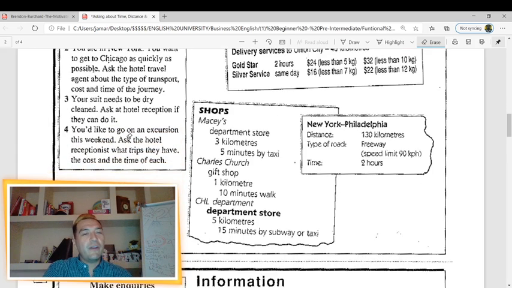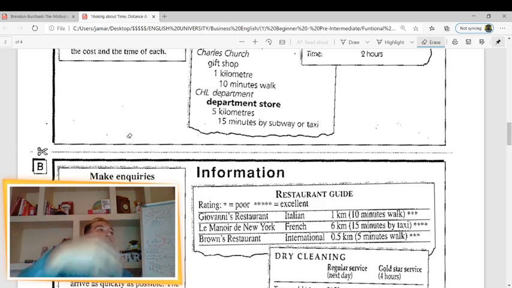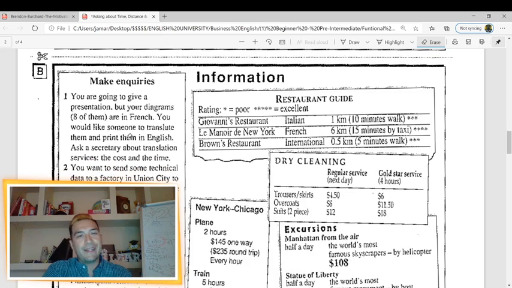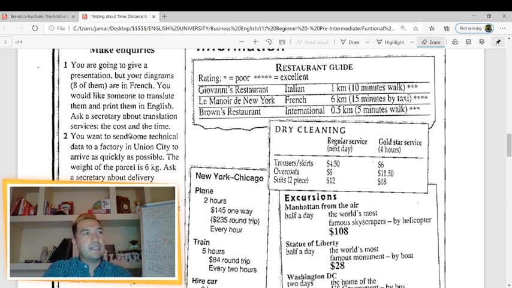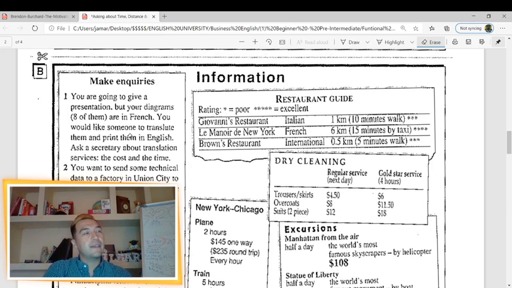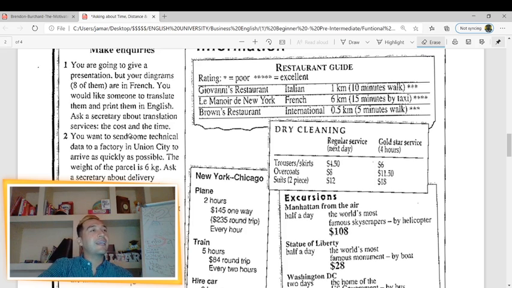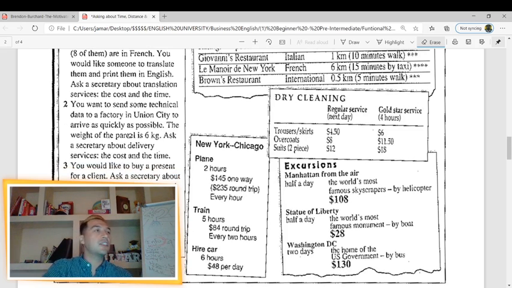Go down. You see the scissors? Part B. Information, you see? Restaurant, tintorería, dry cleaning, excursions, y los camiones to New York and Chicago, or the airplanes, or the train, or the taxi, hire a car, Uber. You're gonna complete this situation with the real information right here for homework to practice, okay?